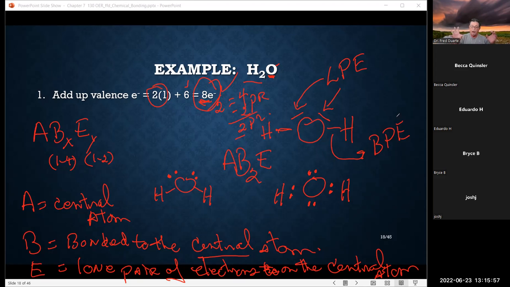LPE being lone pair of electrons, not bonded, and BPE, bonded pair. They're bonded and being shared with another atom. And so we got two of them. So this is our general formula for this molecule of water.